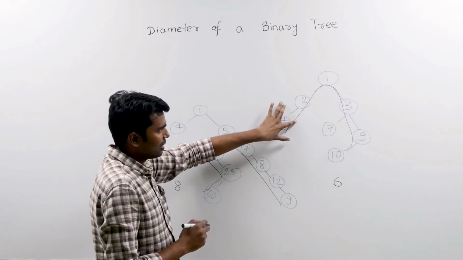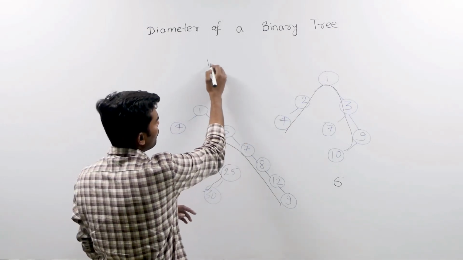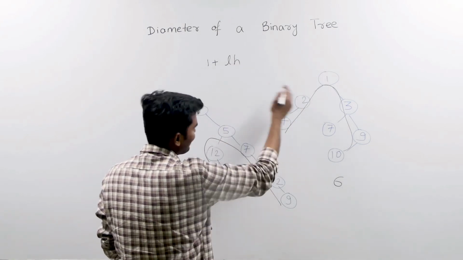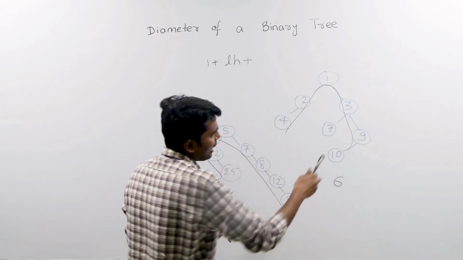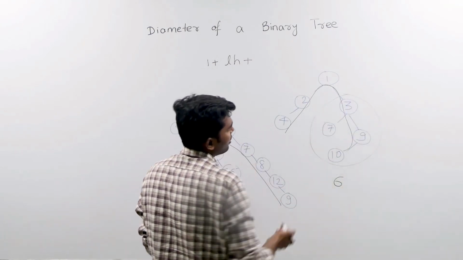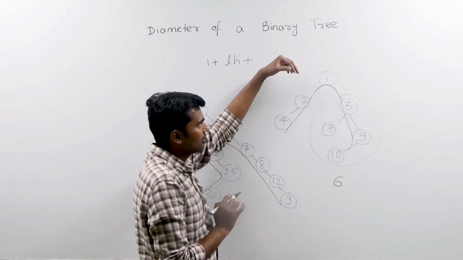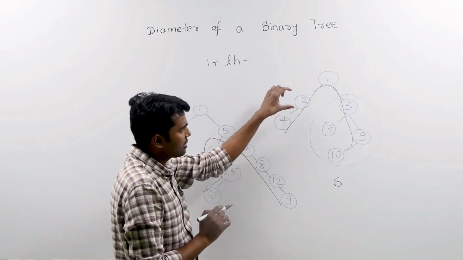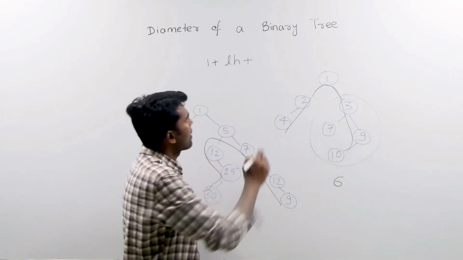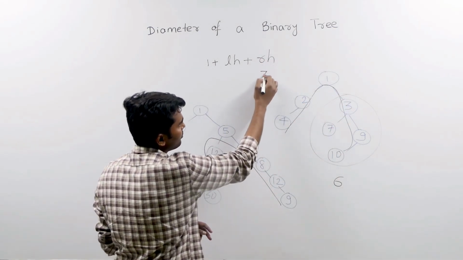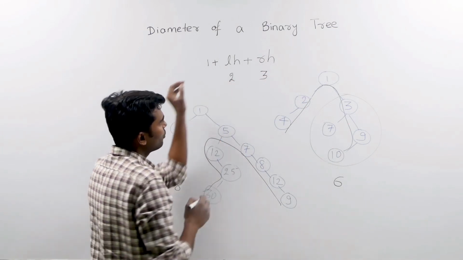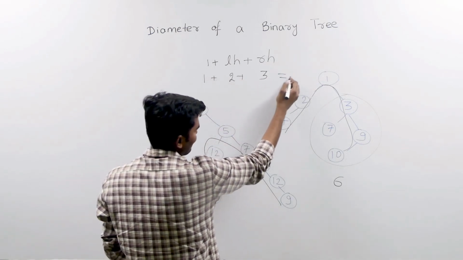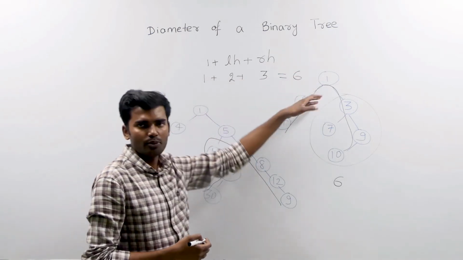So if we talk about this binary tree, if I'm at the root node 1, then the height of the left subtree is 2 and the height of the right subtree is 3, right? And 1 is for the root node. So 1 plus 2 plus 3 is 6, which is the length of the diameter, right?